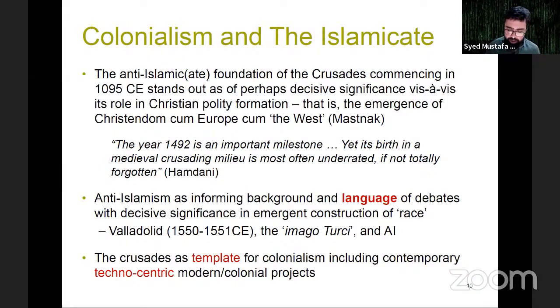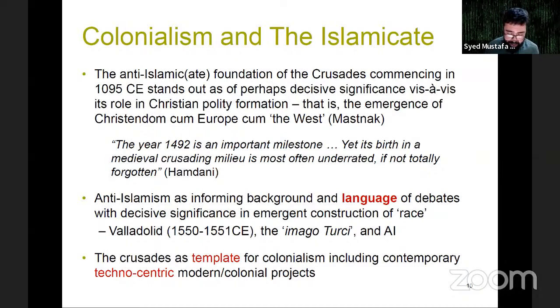In this connection, consider how anti-Islamism functions in and as a background discursive horizon, informing the very terms of debates that were arguably of decisive significance in the emergent construction of race, such as that which took place at Valladolid in Spain during 1550 to 1551, between Bartolomé de las Casas and Juan Ginés de Sepúlveda.